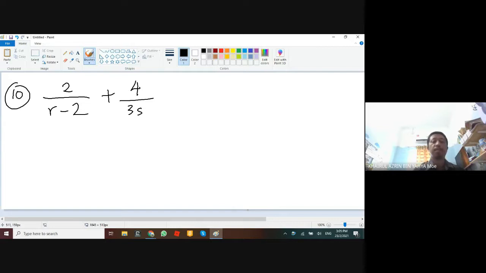Okay, so this one, I use this color. So 2 over r minus 2, this one we multiply with 3s. Of course, 2 also we multiply with 3s. Okay, 3s, this one we multiply with r minus 2. And 4 here, we multiply also with r minus 2. Or we do like a cross multiplication, something like that.